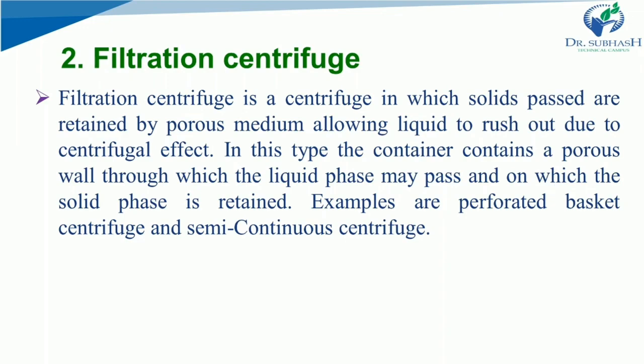Examples are the perforated basket centrifuge and the semi-continuous centrifuge. Can you imagine any practical example which uses a filtration centrifuge? I'm not recommending any practical examples here, but you can easily compare it to someone filtering tea. This is this type of centrifuge.